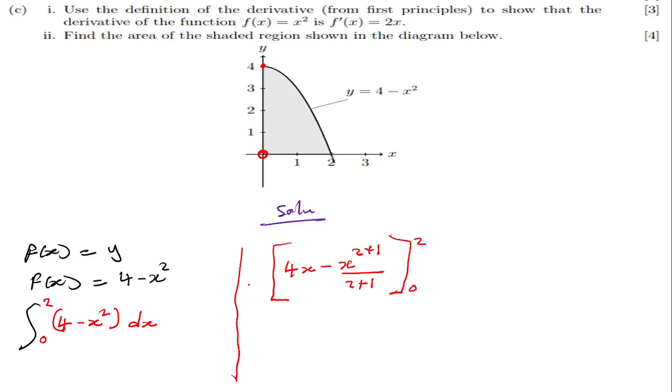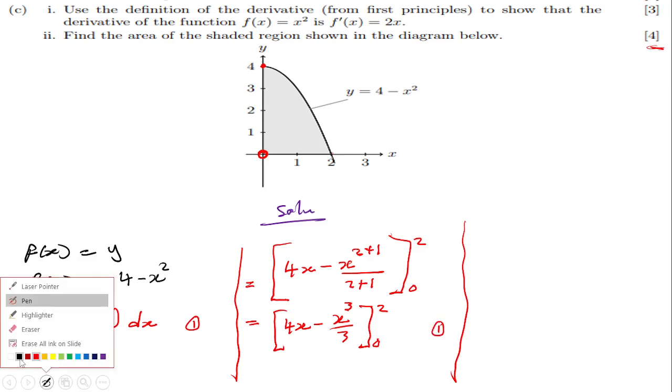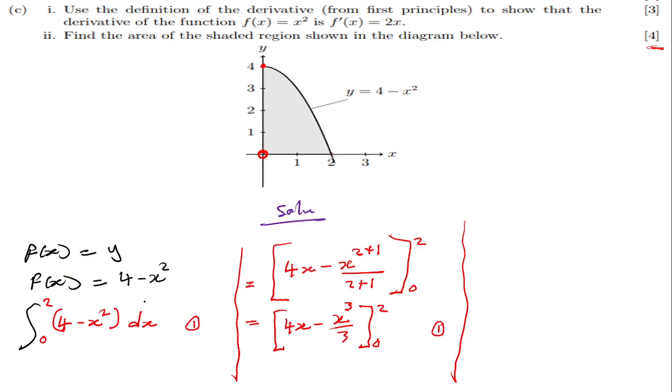So from here, you can say 4x minus x to the power 3 over 3, from 2 to 0. At this particular point, integrating this guy like that carries a single mark. Remember, there are 4 marks here. So 1 mark is there, 1 mark is there. So we move on and look at the other marks.